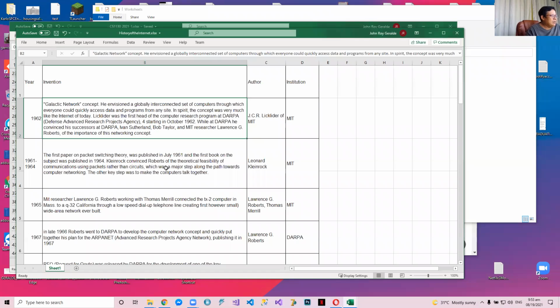Defense Department. The theoretical possibility of communication using packets rather than circuits, because circuits cannot be constructed across very long distances. So why packets? Packets are like telephone hubs. When you make a telephone call, the telephone connects from one packet to another, and operators operate them so that your call can be sent to whoever you're calling.